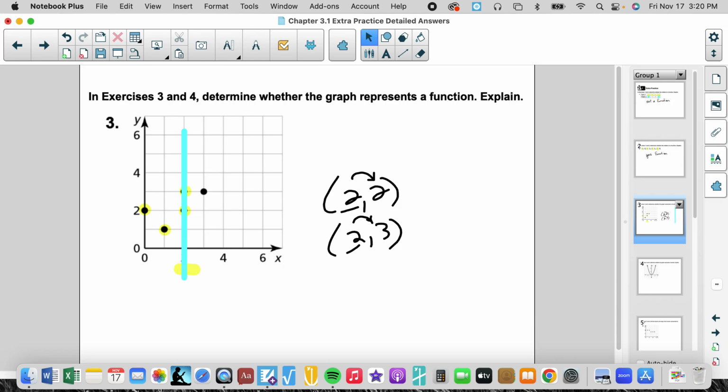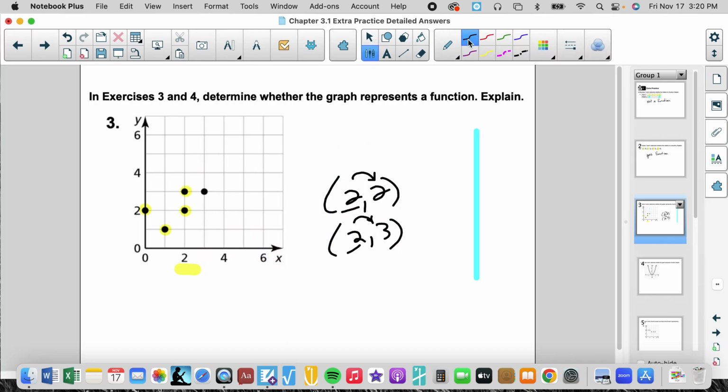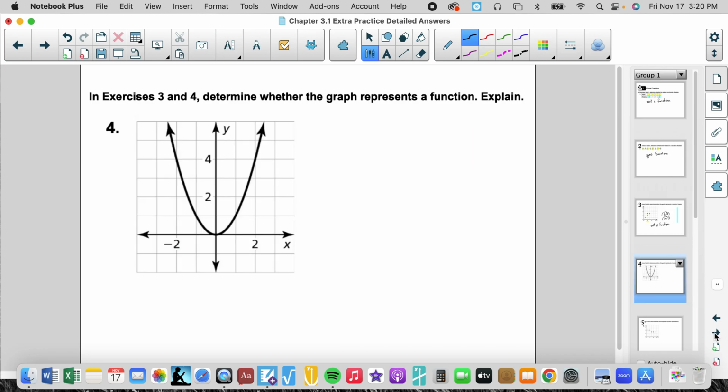That's an indicator that you have 2 outputs with the same x input, and there would be one here. So that's called the vertical line test. So this is not a function. A vertical line can be drawn through 2 points.